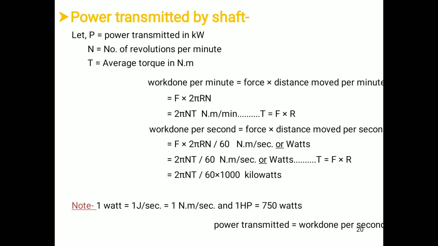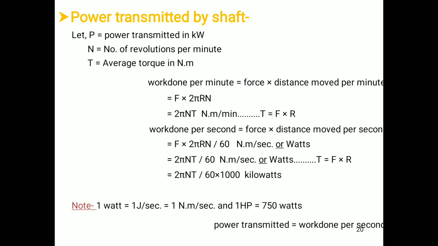Remember that the power transmitted is nothing but the work done per second. This is the main concept. But we have the number of revolutions per minute. So first of all we will calculate the work done per minute, then we will move to the work done per second.